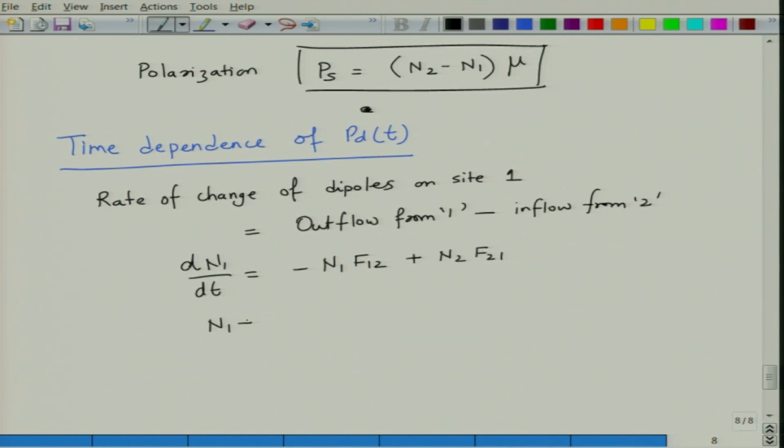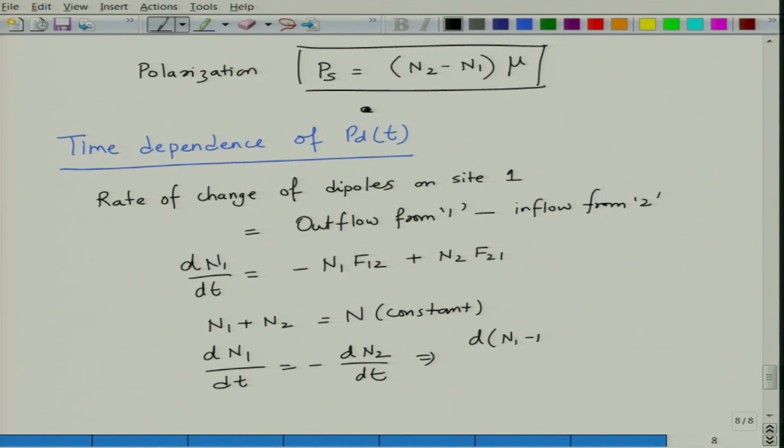We also know that N1 plus N2 is equal to N, which is constant. So if I differentiate, N is constant, but N1 and N2 are changing. So dN1 by dt is equal to minus dN2 by dt. As a result we can write d(N1 minus N2)/dt equal to 2 dN1/dt.